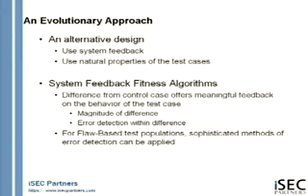So another design, or you could say an additional criteria, would be to use system feedback and the natural properties of test cases. With system feedback, as we are generating our test parameters, the requests that we're going to test, we can keep control information about each request or parameter that we're going to test.